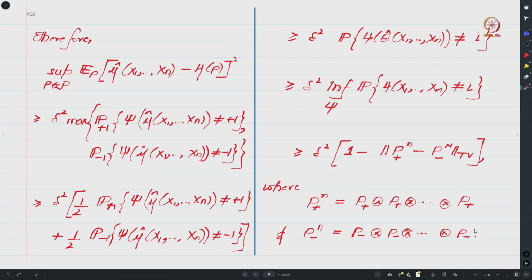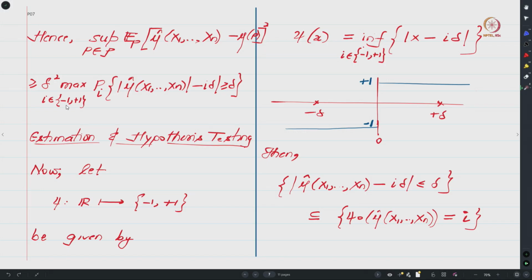So from this observation, one can see that if you take the supremum of this expectation over all possible p's, we have already shown that this is lower bounded by the max between this quantity over here, and this event is a subset of this. So let me restate it. This event is a subset of this, and what we have over here is the complement of that event.